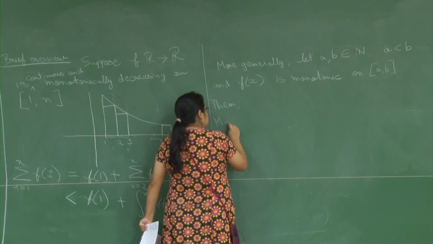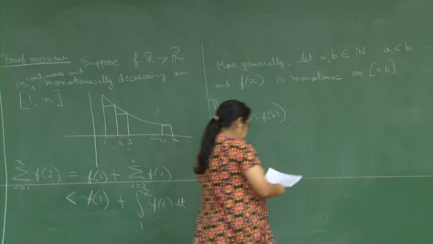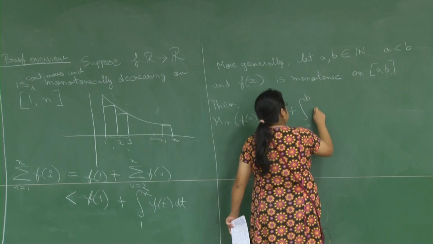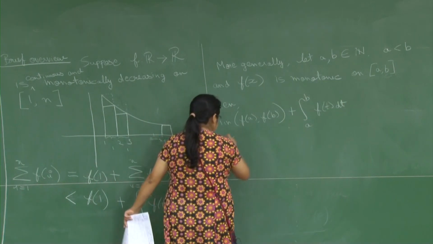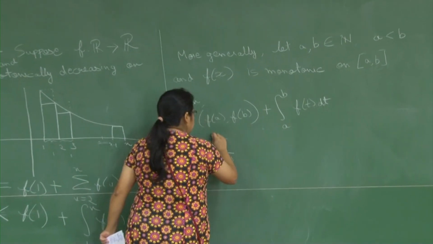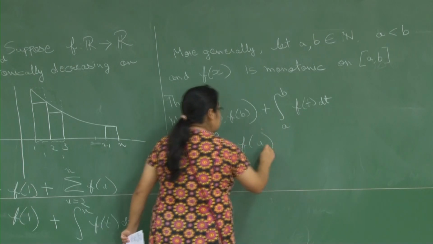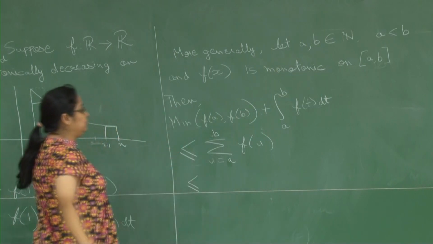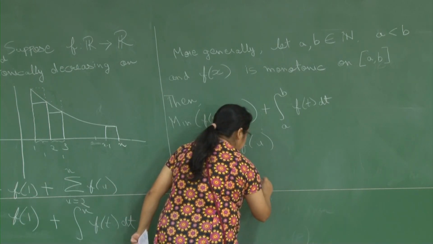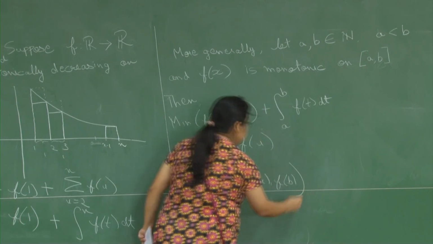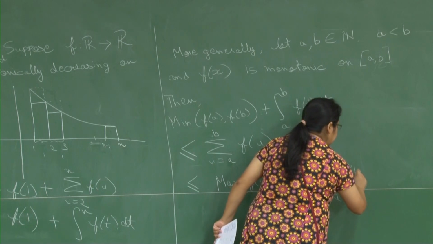The minimum of f of a, f of b plus the integral from a to b of f of t dt will turn out to be less than the summation i going from a to b of f of i, and this will further be less than or equal to the maximum of f of a and f of b plus the integral of f of t dt.